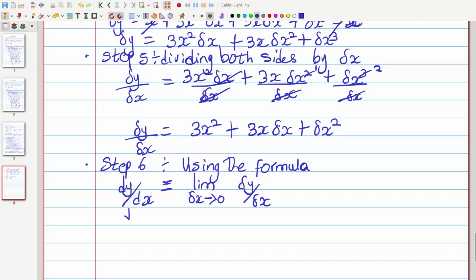So this will be dy dx is equals to limit delta x to 0, where our delta y over delta x is this equation.